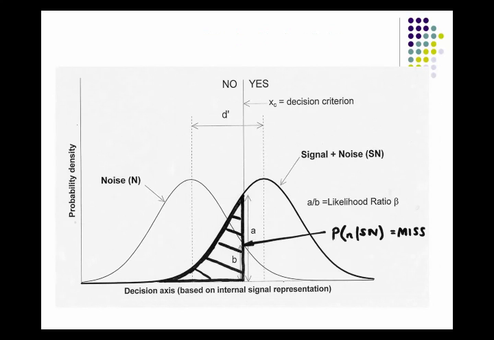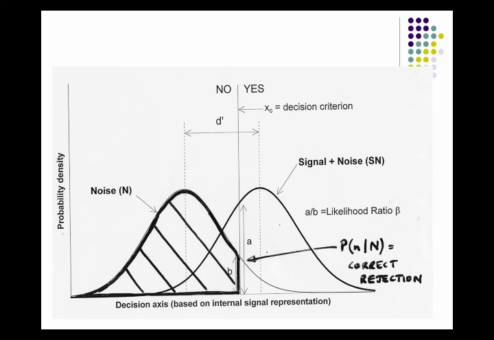Carry on. Same subject, same decision criterion. This is the probability that the subject said no, there isn't a signal, but in reality there was one. So you're on this distribution, but you're going to the left here. So it's smaller than the other one, luckily, but that's the miss. That's bad, because the subject obviously misses the actual signal there. The other two are just symmetric.